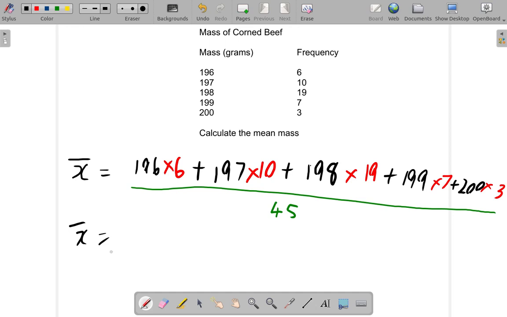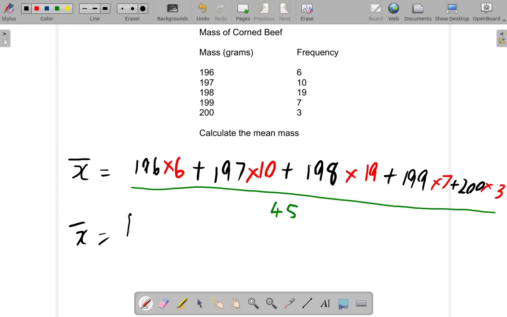Alright, so you've paused and you've finished. What did you get for the answer? 196 times 6 is how much? You get 1176.